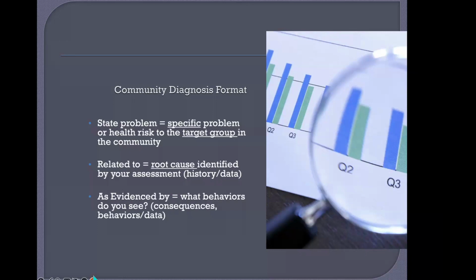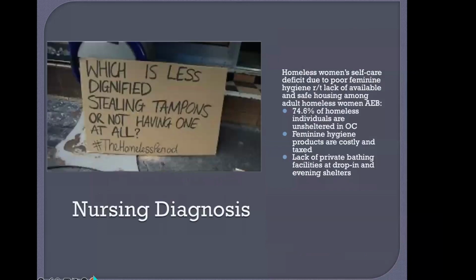And I'm going to post a couple of them so you can see. Here's a nursing diagnosis that I like. Homeless women's self-care deficit due to poor feminine hygiene related to lack of available and safe housing among adult homeless women.